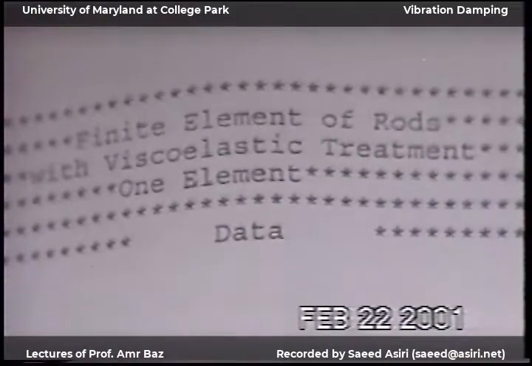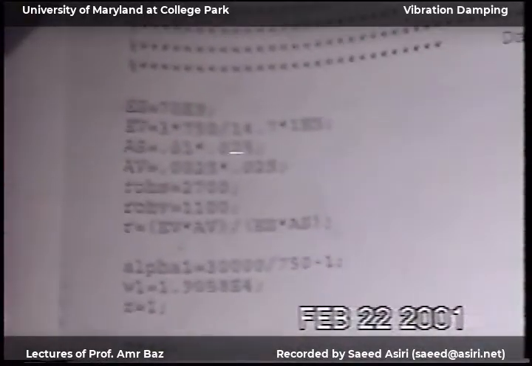So the shear modulus, and I gave you the data in pounds per square inch.